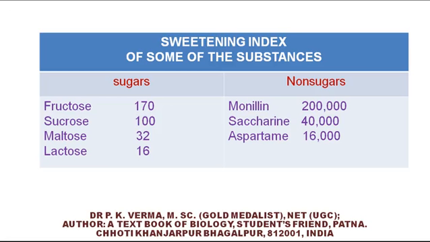Saccharin is 400 times sweeter than sugar. And monellin is 2000 times sweeter than the sucrose. So monellin is the sweetest compound among the non-carbohydrate compounds.